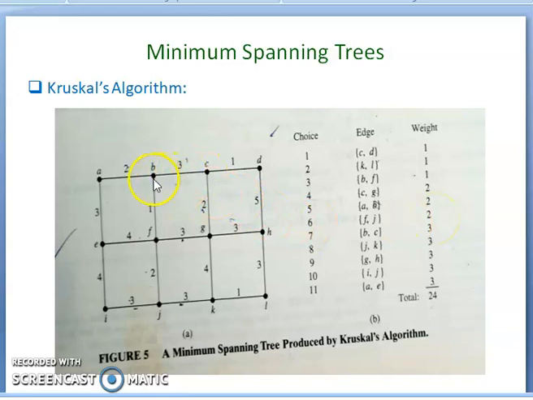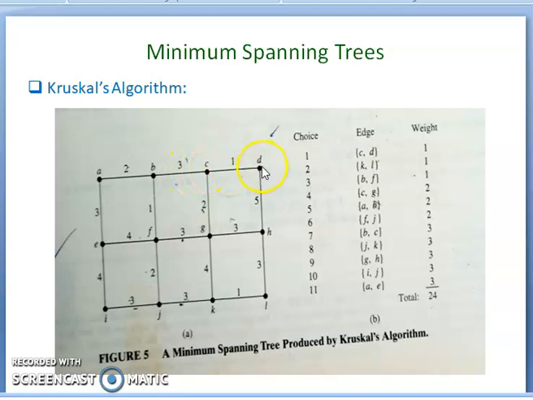Weight 3 edges are BC, AE, GH, HL, JK, IJ, FG, GH, right? For example, you consider what is next? BC. If you consider this BC, is there any circuit?